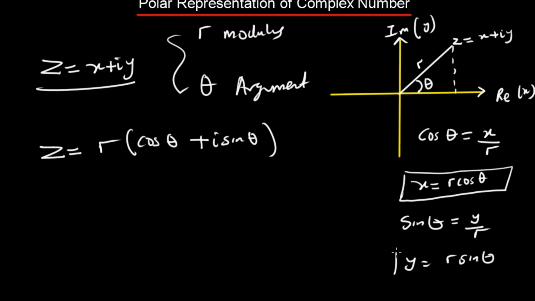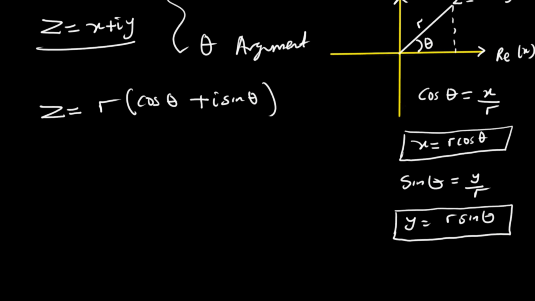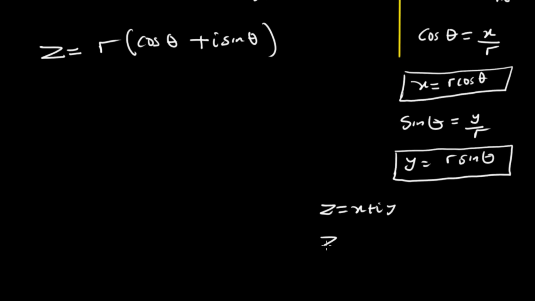The proof is really simple. So we have that x, we define x as r cos theta, and we define y as r sin theta. So from this representation that z equal to x plus iy, we can then substitute the value for x and for y. So if I'm to write this again, I'm going to have z equal to x, which is now r cos theta, plus i times y, which is r sin theta.